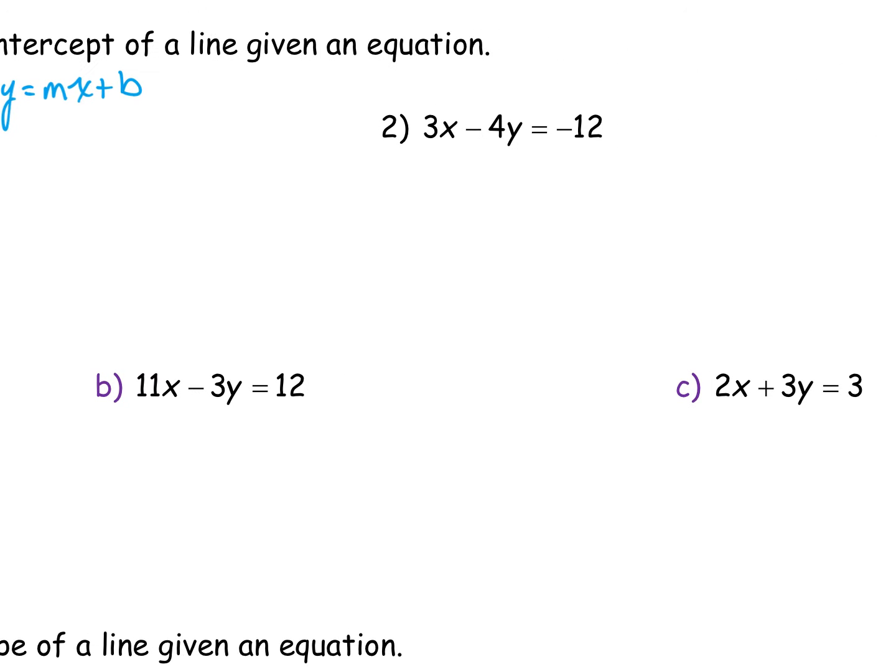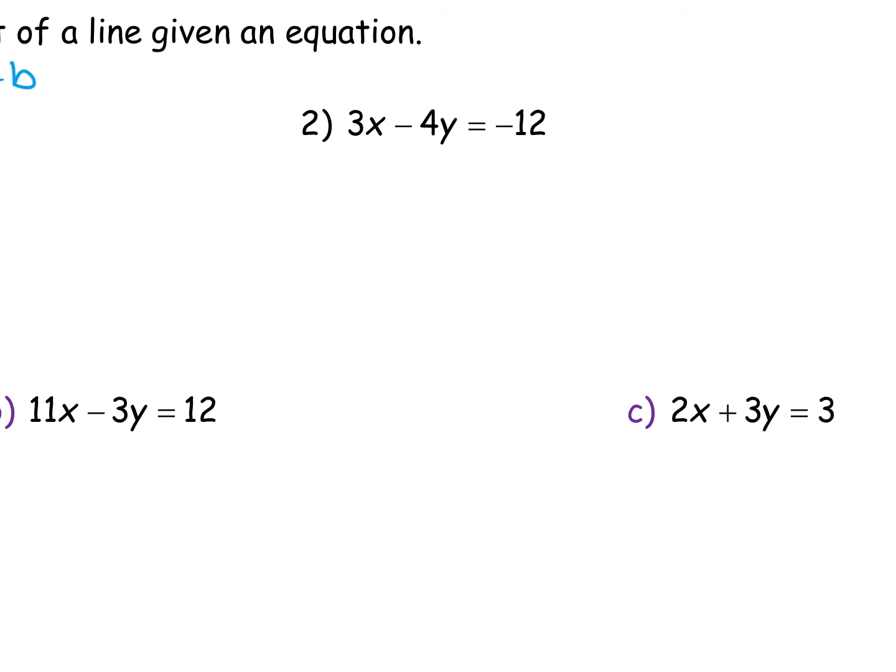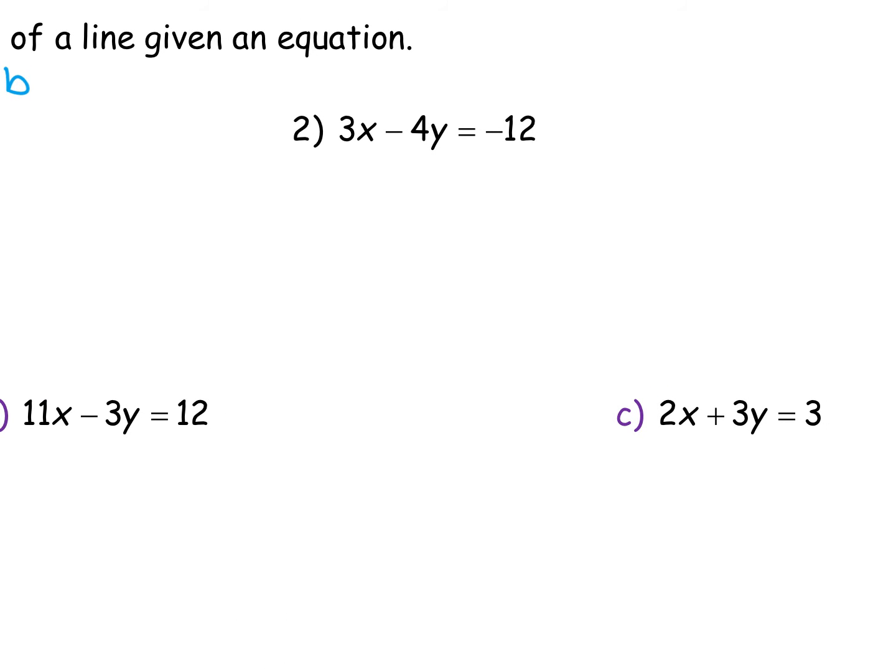Is number 2 in that form? No. So what do I have to do? I have to get the y by itself, right? So I'm going to subtract 3x, and I get negative 4y equals negative 3x minus 12. And then what am I going to do?